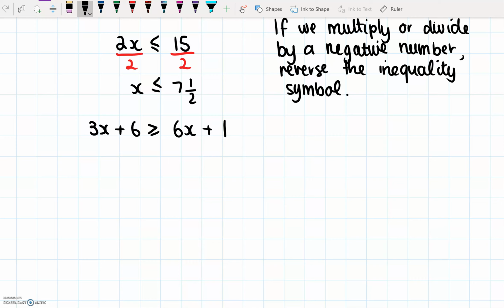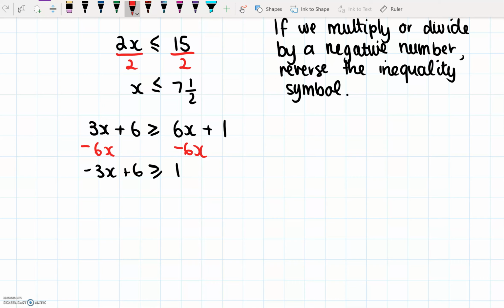Now let's say that we don't do my normal tactic, which I always like to remove the smaller x. Let's say instead that we want to remove the x's that are on the right. So we're going to minus 6x from both sides. On the left, 3x minus 6x gives minus 3x plus 6 is greater than or equal to 1.